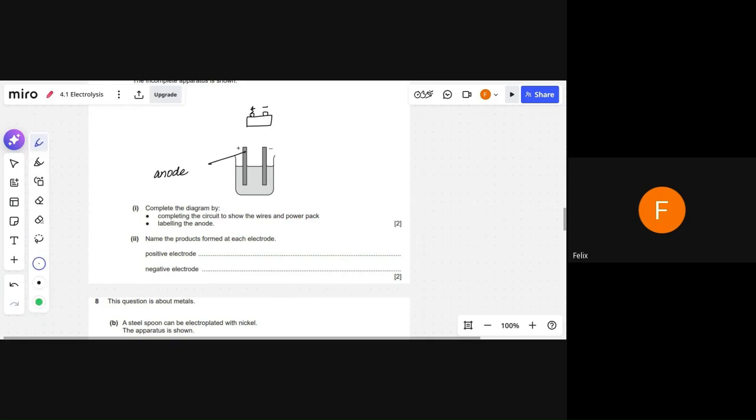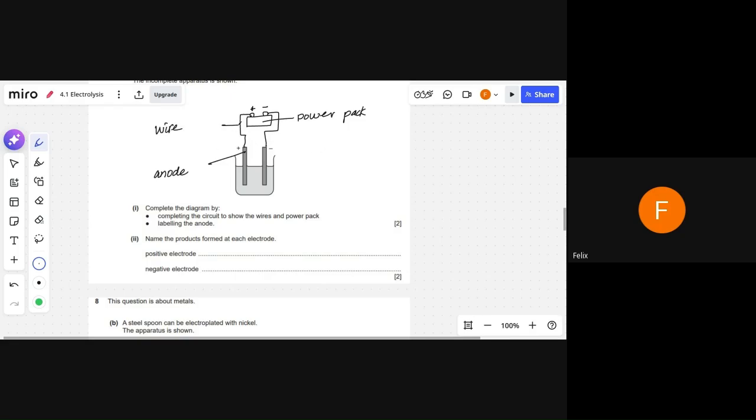Let me connect it with the terminal directly, like this. So completing the circuit to show the wires and the power pack. That's the power pack, and these are the wires, right?